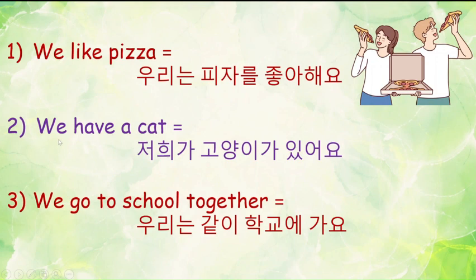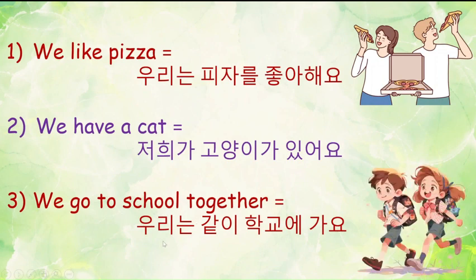Next example is we have a cat. 저희가 고양이가 있어요. Here also you can notice that I have used 저희 for we in Korean. And the rest of the sentence is framed according to the grammatical concept that we have learned so far. Next example is we go to school together. 우리는 같이 학교에 가요.